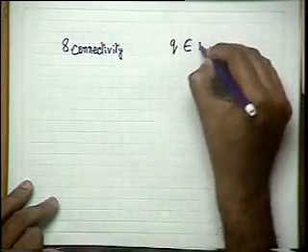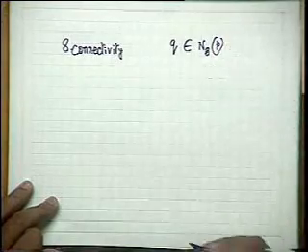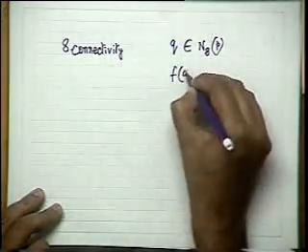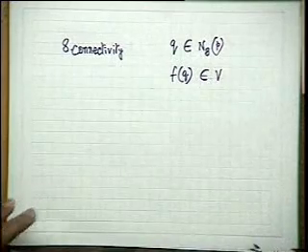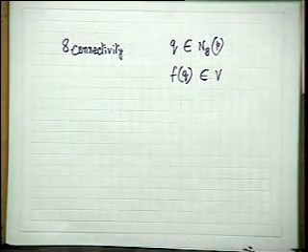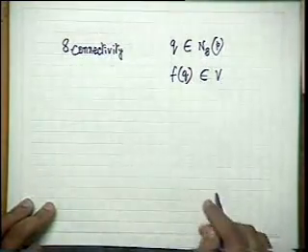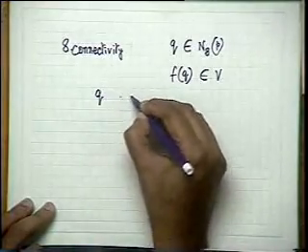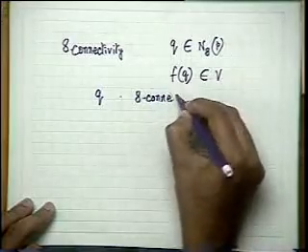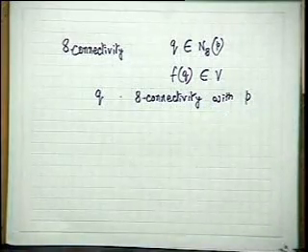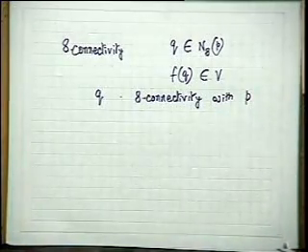The pixel Q belongs to the set N8P, N8P we have already defined, and f of Q belongs to the set V. It is obviously assumed that f of P also belongs to the set V. So if this is fulfilled, then we will say that Q is having an 8 connectivity with P. The next definition combines the 4 connectivity and 8 connectivity together.